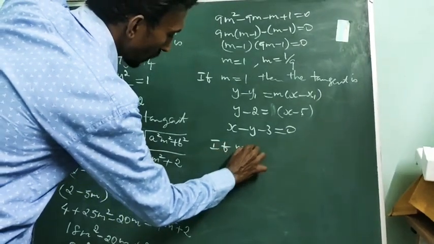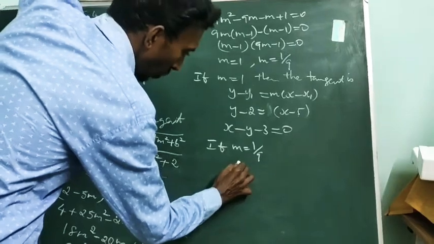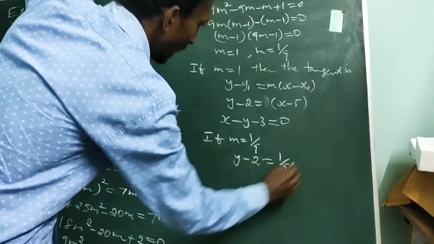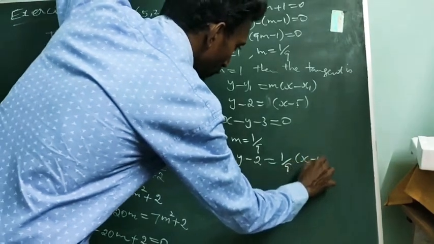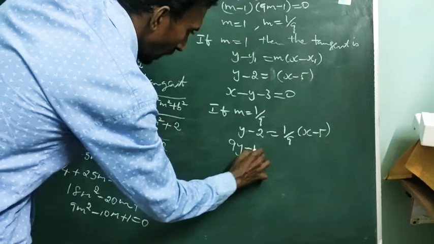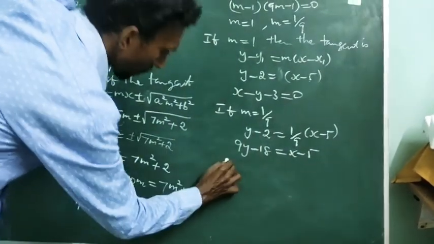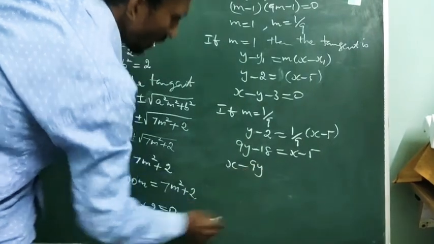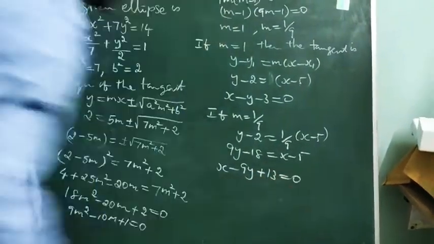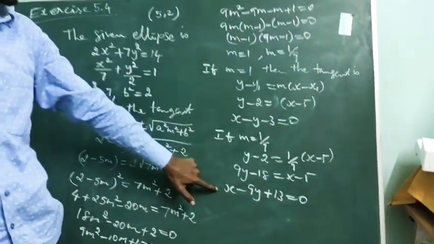If m equal to 1 by 9, so the tangent is y minus 2 equal to 1 by 9 into x minus 5. Just cross multiply. 9y minus 18 equal to x minus 5. Change the side. X minus 9y plus 18 minus 5, so plus 13. So we get the required two tangents. It is the first tangent and this is the second tangent.